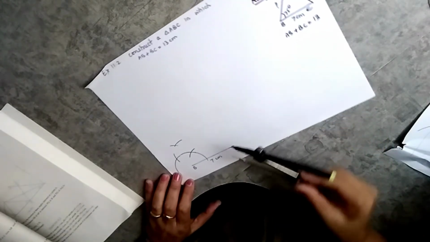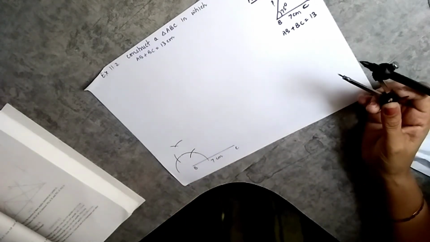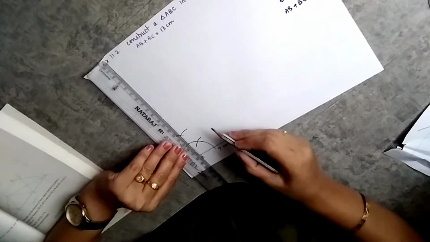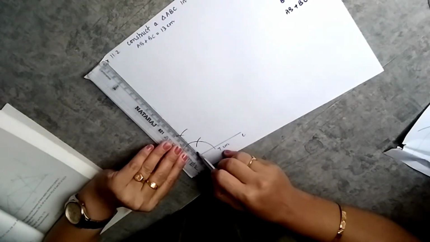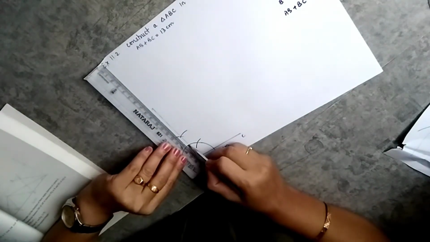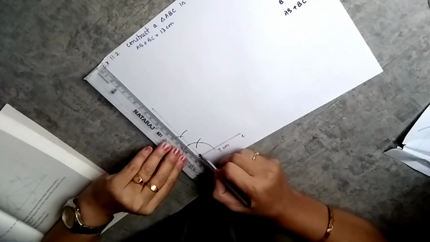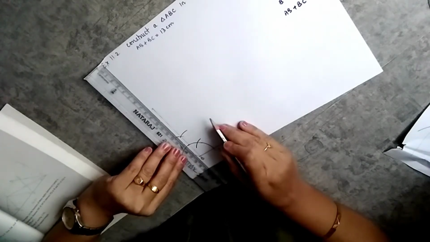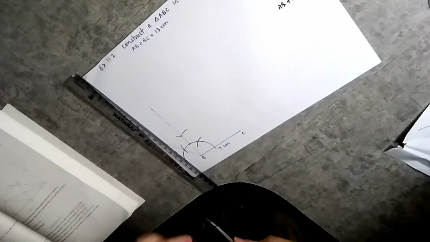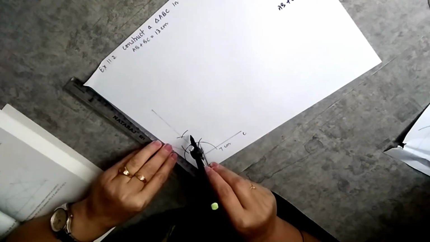This is the construction of angle 90 degree. So 60 degree and again 60 degree, and the bisector of both of them will give us an angle of 90 degree. But we don't want 90 degree, we want 75 degree. So first of all, we'll complete this 90 degree angle. Okay, so where will be 75 degree angle? 75 degree will be exactly in the middle of 90 degree and 60 degree.